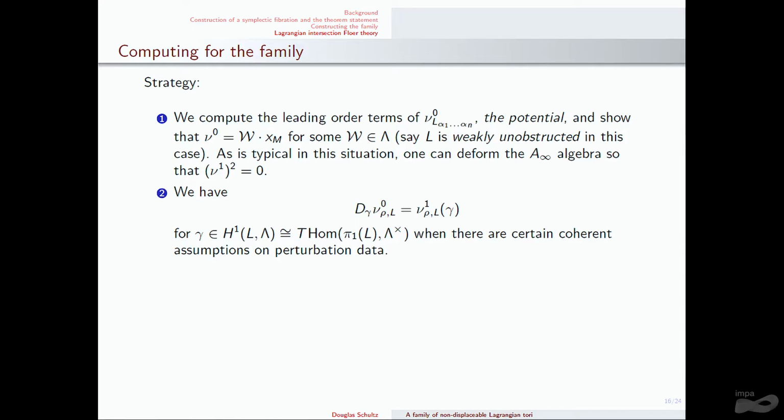And then a theorem, or an idea you can apply, which I think maybe goes back to Fukaya, is the following principle: if you take the derivative of the potential with respect to the representation, then that's the same as evaluating the differential on that thing.